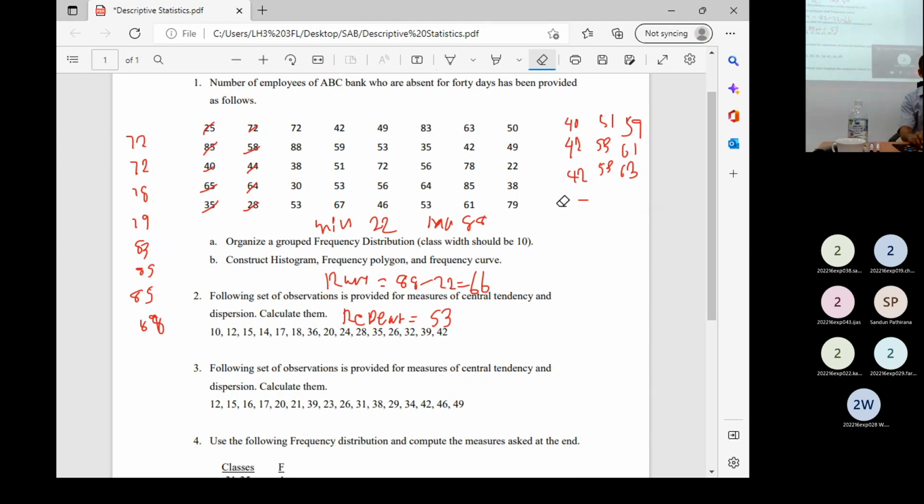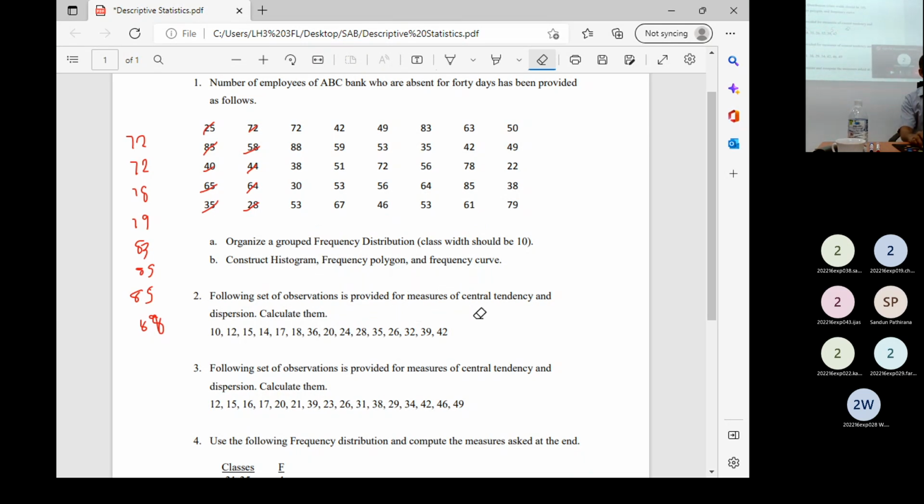When we have more data with repeated observations, an ungrouped frequency distribution can be arranged.